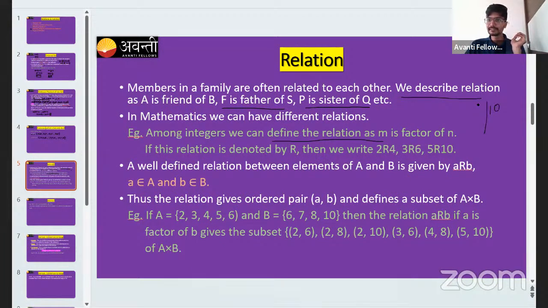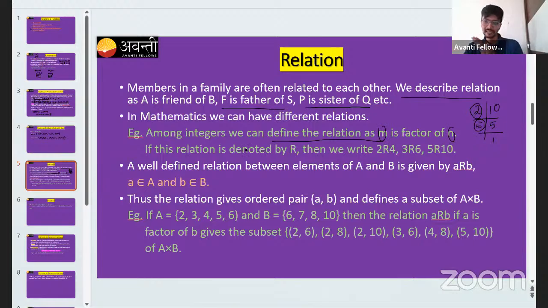So if I factorize 10, first I'll write 2, then 5, and finally I'll write 1. I hope you also factorize like this. So 2 and 5 are factors of 10. So I have defined a relation as m in general is a factor of n.